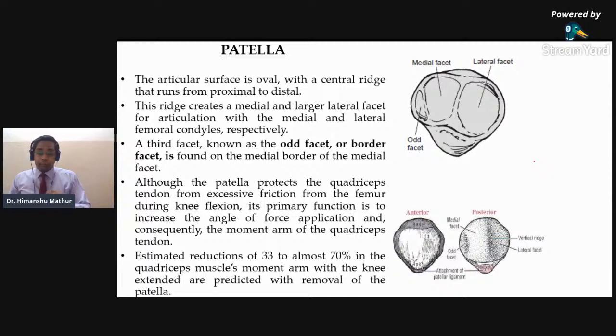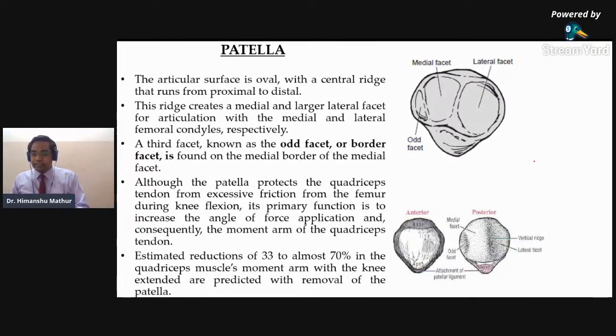But whenever you come down into complete extension, the patella comes back towards the fulcrum, or towards the mediolateral axis. That is the reason why in the complete extension, or in the last 10 to 7 degrees of extension, the activity of quadriceps is very low because of the lesser momentum.